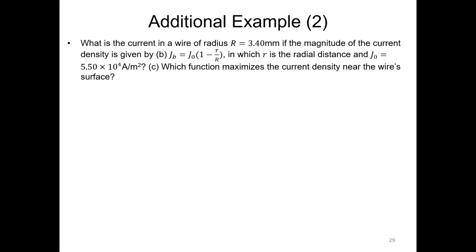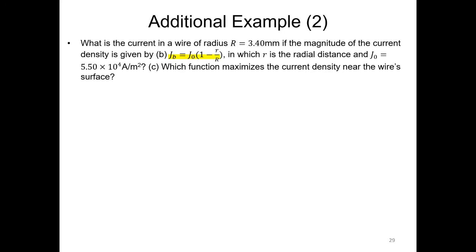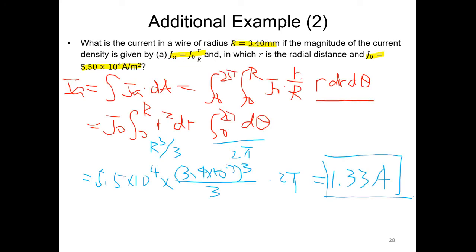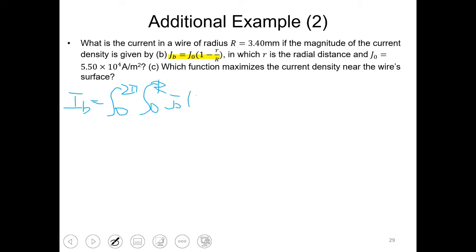So next one, we have another current distribution like this. For this one, the outer part is larger, the inner part is smaller. This is the vice versa. So here I_B would be 0 to 2 pi, 0 to R, and then J0 times 1 minus r over R, and then dA is r dr d theta.